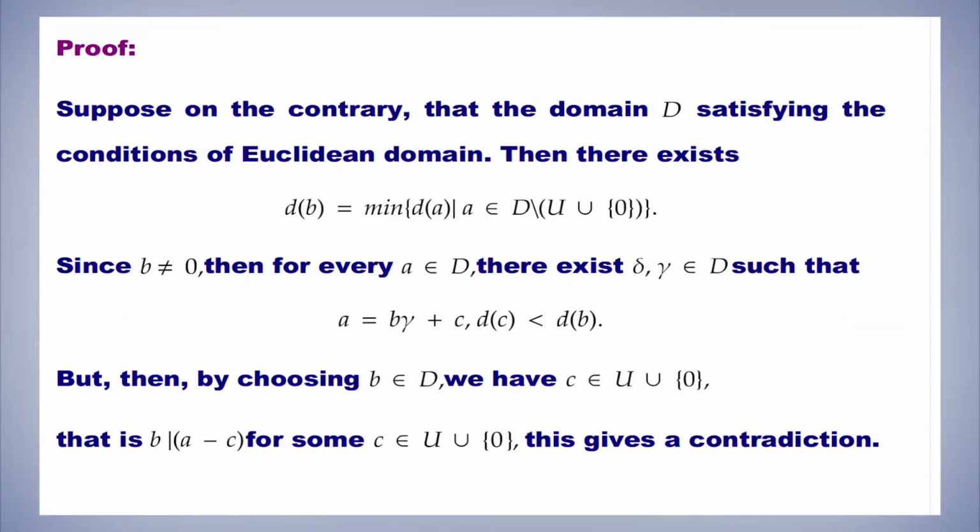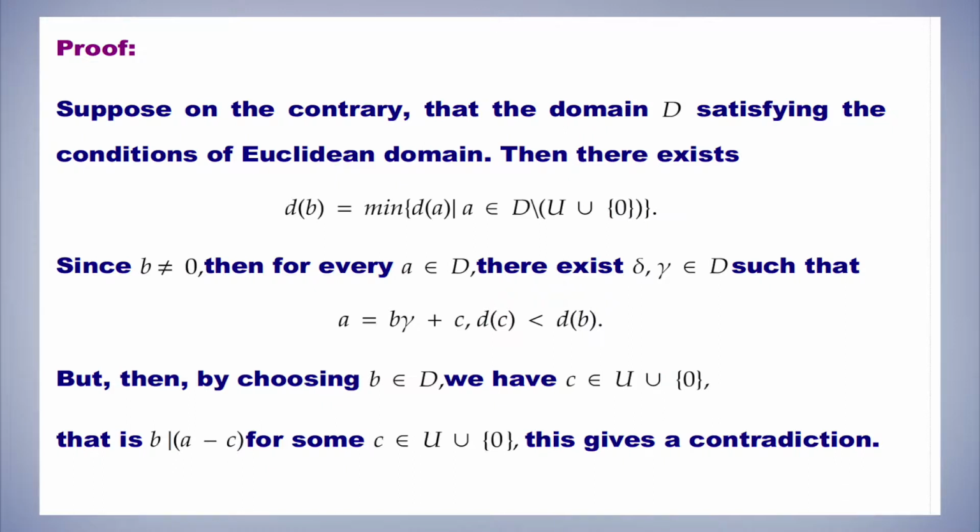Proof: suppose on the contrary, let the domain D satisfy the conditions of the Euclidean domain. Then there exists a d of B equal to the minimum of all d of A such that A belongs to D set minus U union singleton 0.